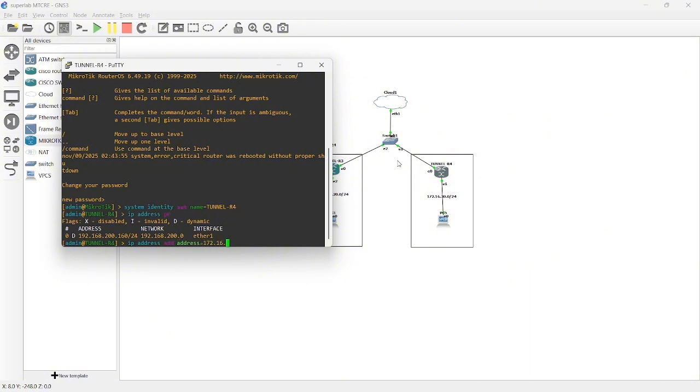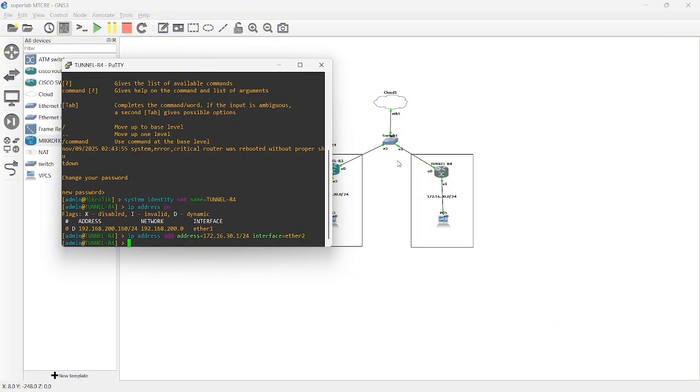Okay, we add the tunnel. I add the IP same for every ether. Okay.